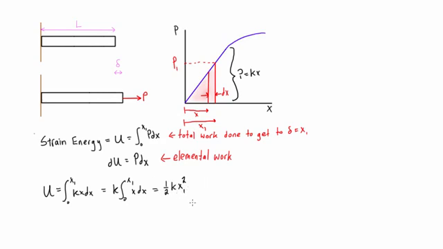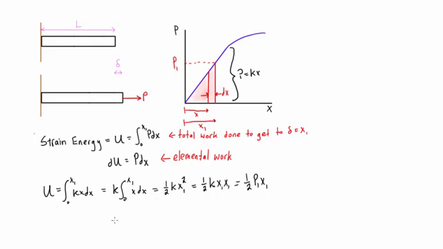Now talking about this though, kx is equal to P, and what this is really saying is we have 1/2 k x1 x1, right? That's just squared. So if kx is equal to P, then we can rewrite this as 1/2 P1 x1.